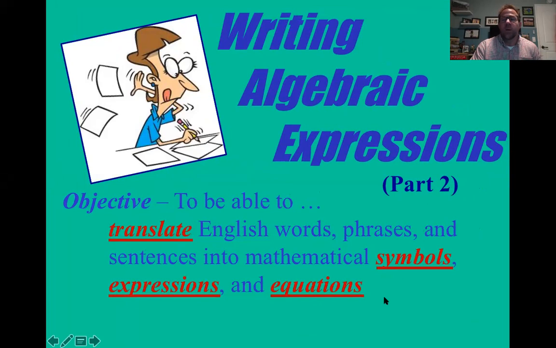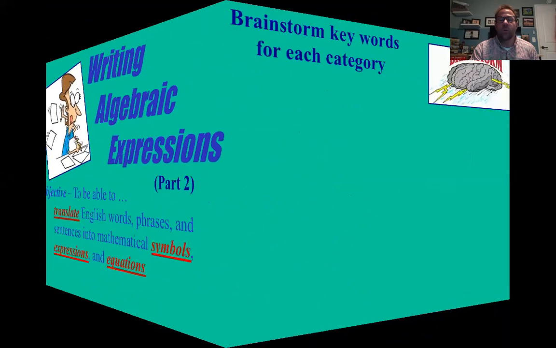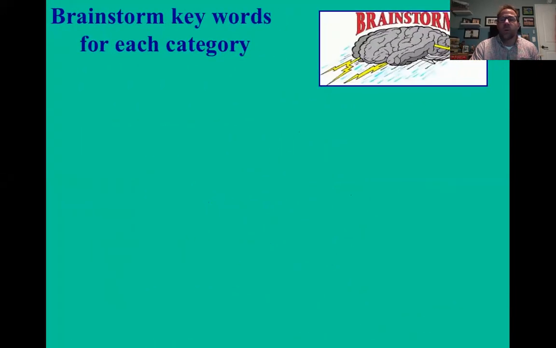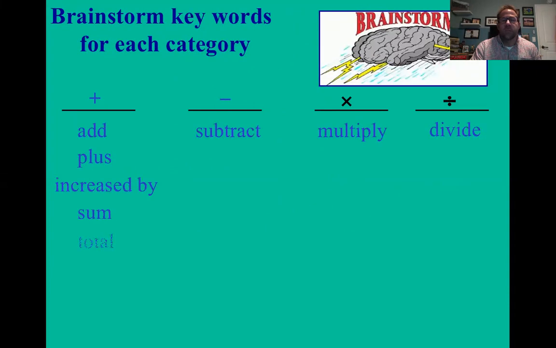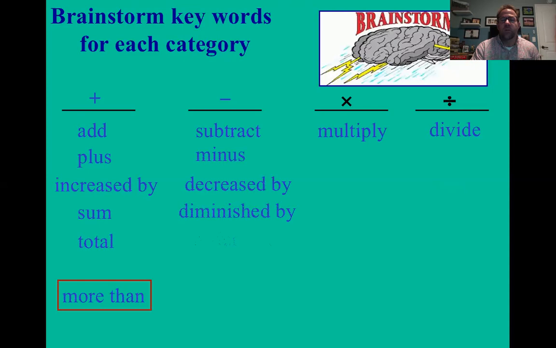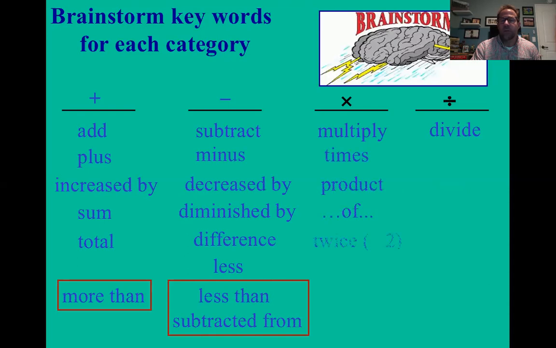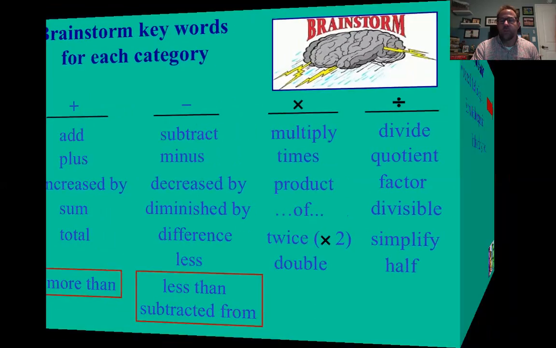In part 1, we did some brainstorming. We looked at all of the different words that we came up with for adding, subtracting, multiplying, and dividing. So you should have this in your list already.